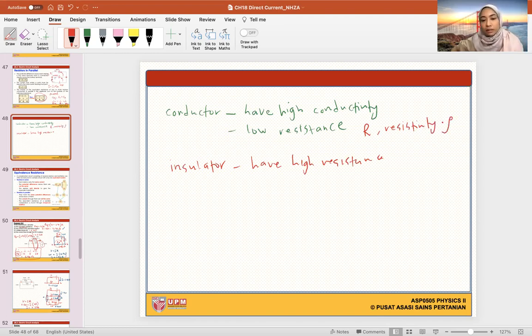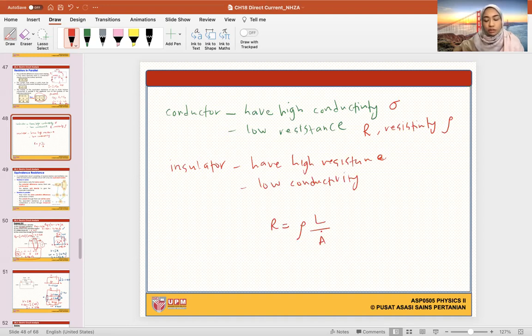So it's different. And then we have conductivity as this symbol. I forgot to look up what that is. Insulators have high resistance and low conductivity. And then we also know that R is equal to rho L over A.